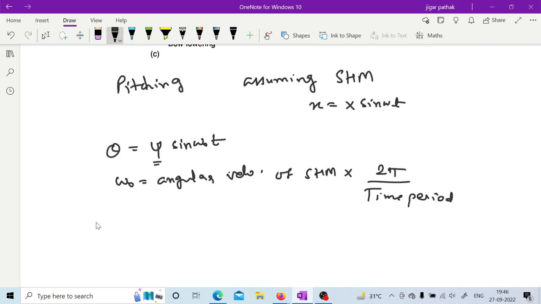This is how you get the displacement in case of the pitching motion.